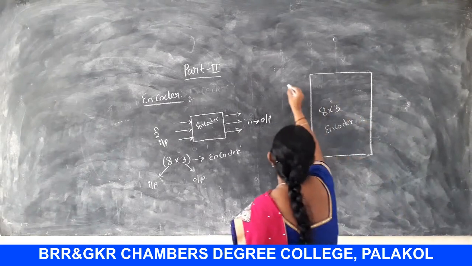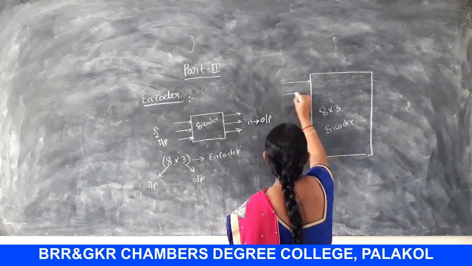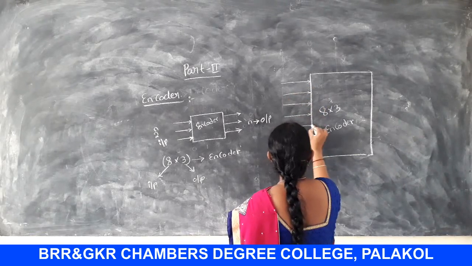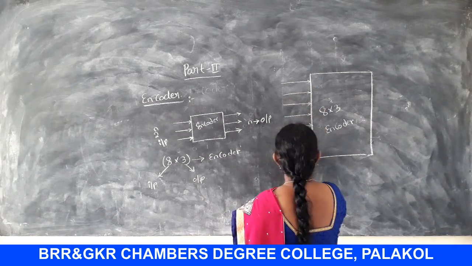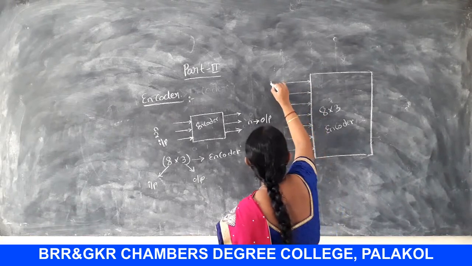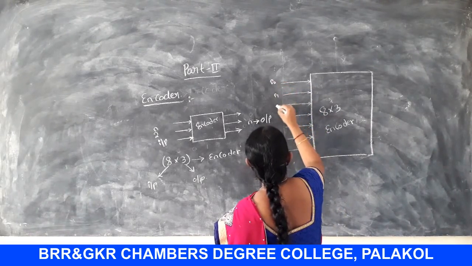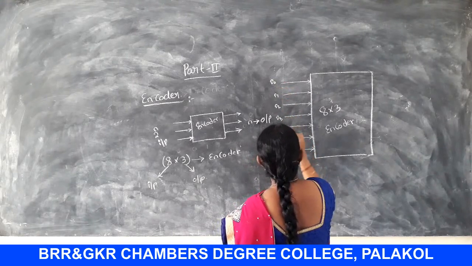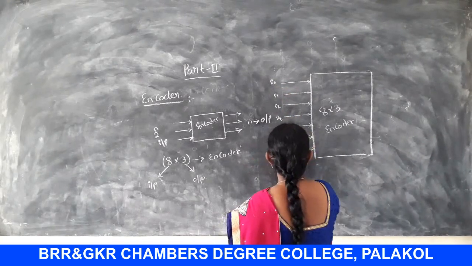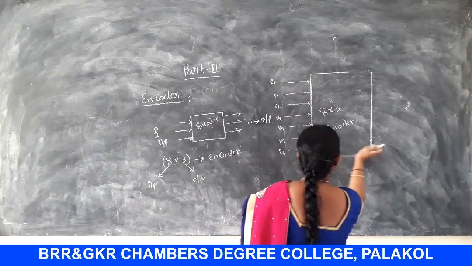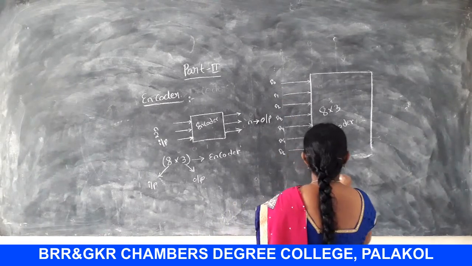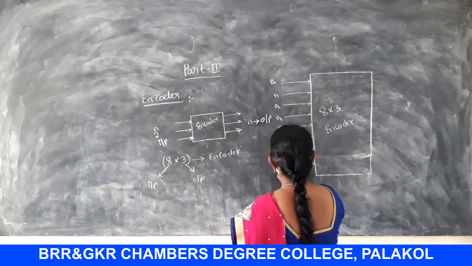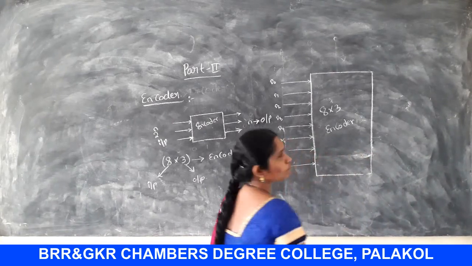The number of inputs is 8 inputs, that is 2 power n inputs. Those inputs are D0, D1, D2, D3, D4, D5, D6, and D7.